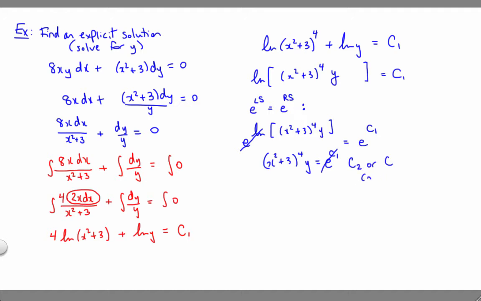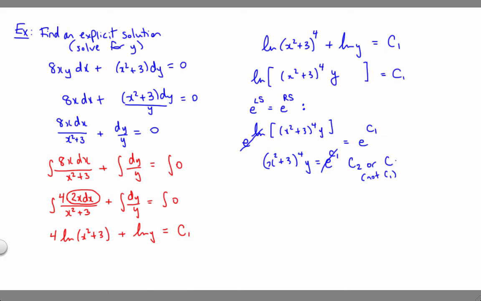The only thing that you really shouldn't call it at this point, you should not call it c1. c1 is not equal to e to the c1. So unfortunately c1 is not a valid name for that, but c2 or c, or even if you want to get creative, I guess you could call it a or b or something like that, but c2 or c would be the most conventional names there.